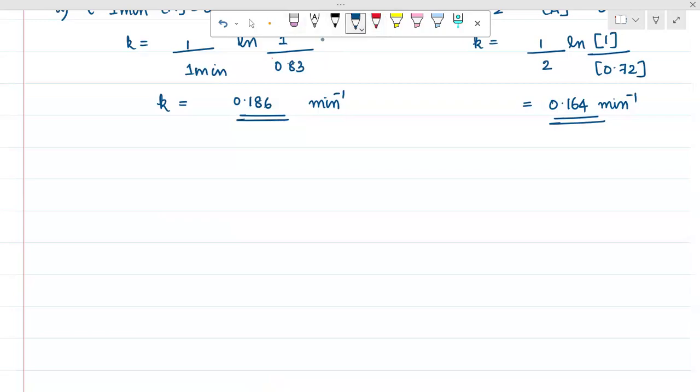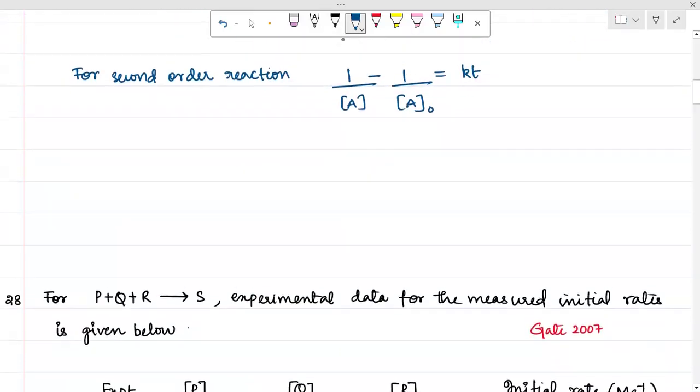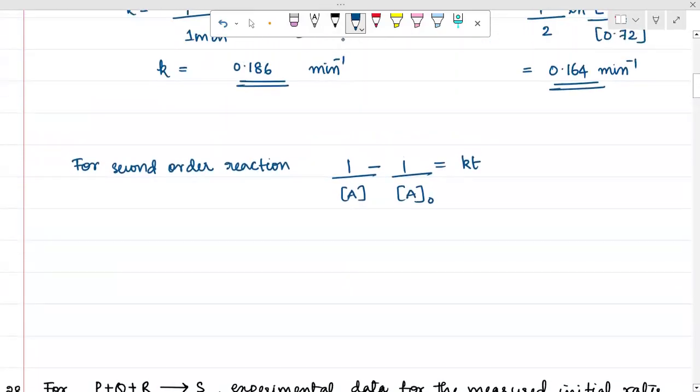Okay, now case 3. You will put for second order reaction. We have already done zero order. What is the equation? 1 by A minus 1 by A naught is equal to KT is our integrated rate equation. Again, we'll be doing two cases.